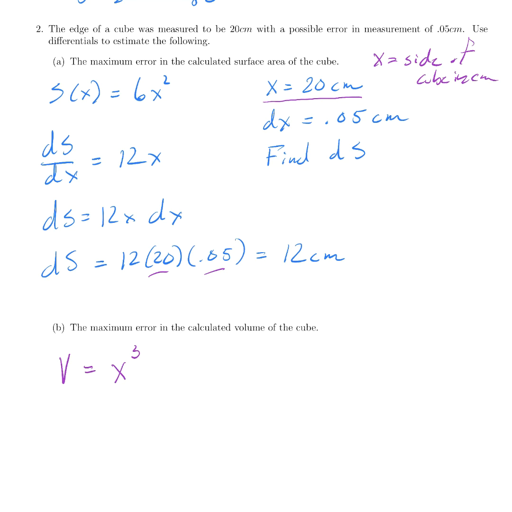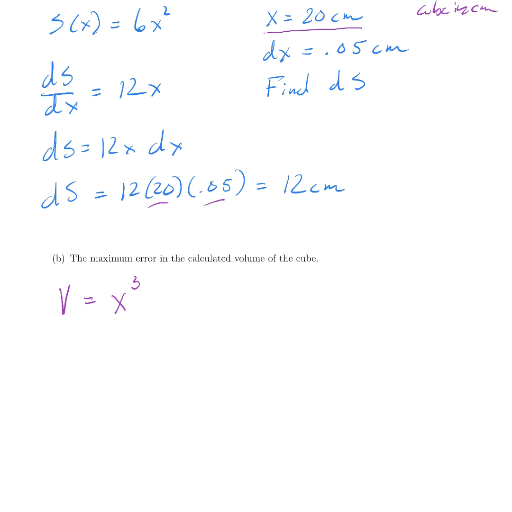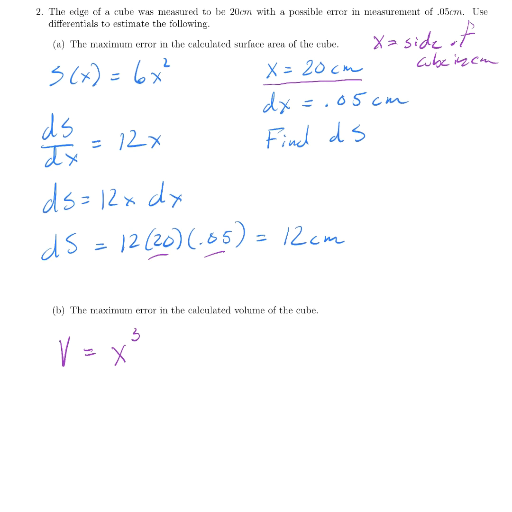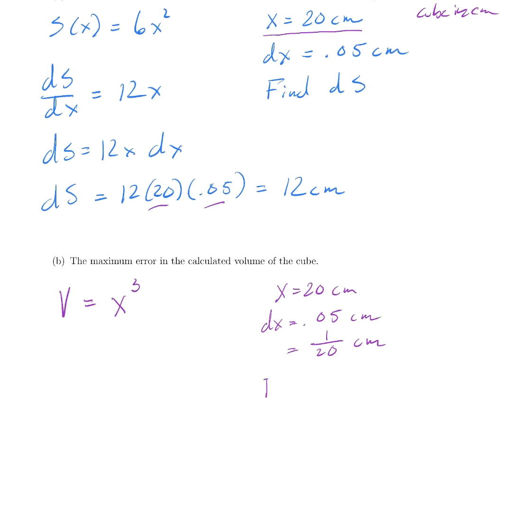Okay, we want to do something similar for volume. The maximum error in the calculated volume of the cube. Well, so again, x is 20 centimeters, dx is 0.05 centimeters, or 5/100ths or 1/20th of a centimeter, and now we want to find dV.